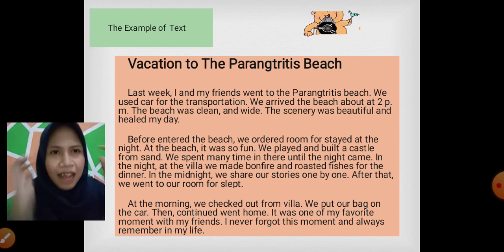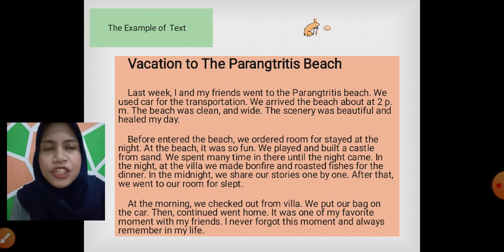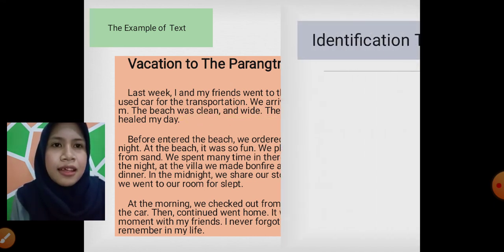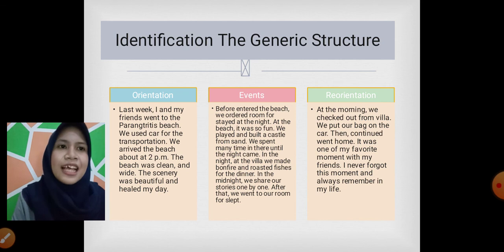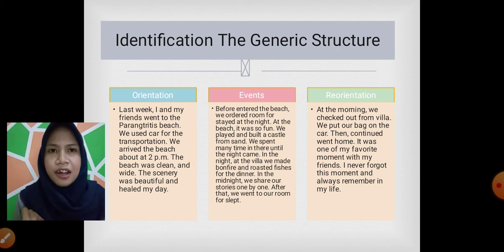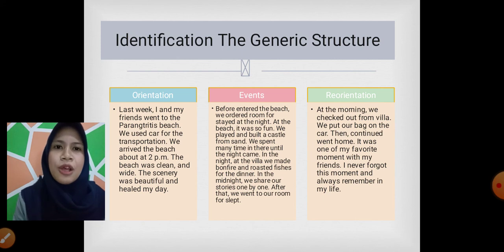I have an example of identifying the generic structures. Because there are 3 paragraphs, the first paragraph is orientation, the second paragraph is event, and the last paragraph is reorientation. Orientation is the first paragraph because orientation is at the beginning. The second paragraph is event because event is in the paragraph after orientation, and the last is reorientation, the conclusion, the comment of the writer about the story, in the third paragraph.